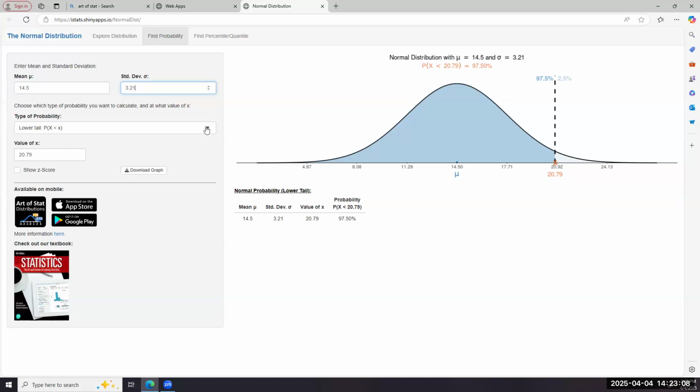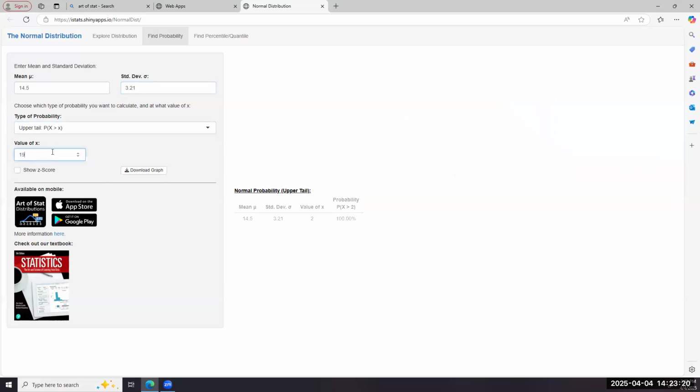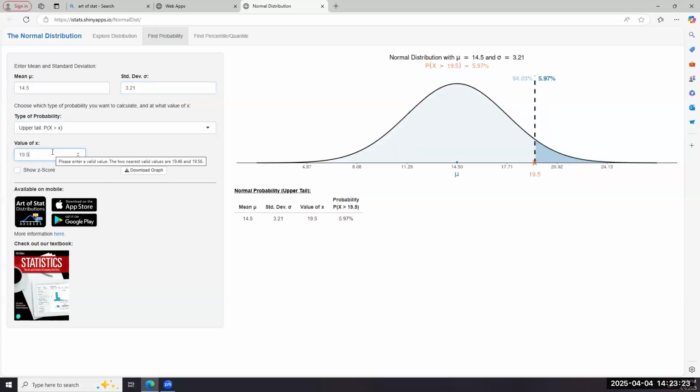So choose greater than, and the X number is 19.5. And that's it. The probability that X is greater than 19.5 would be 5.97%. And then you're done.